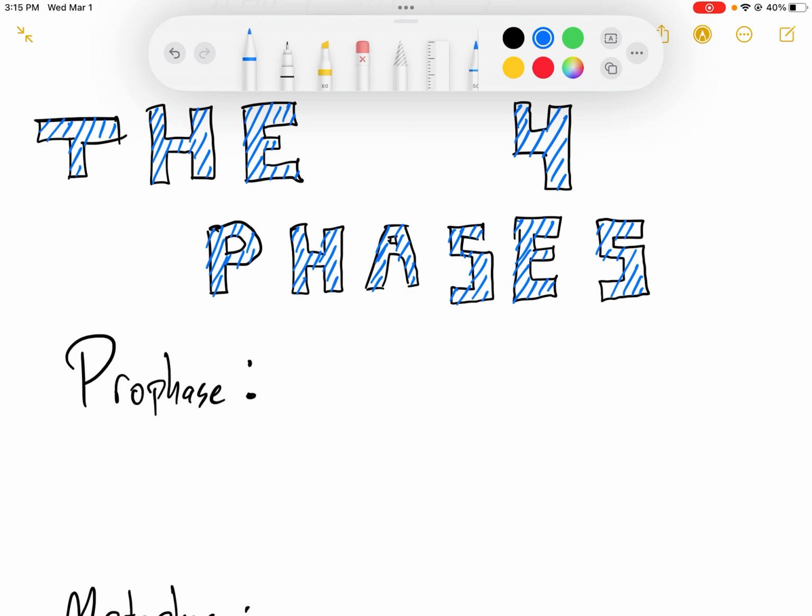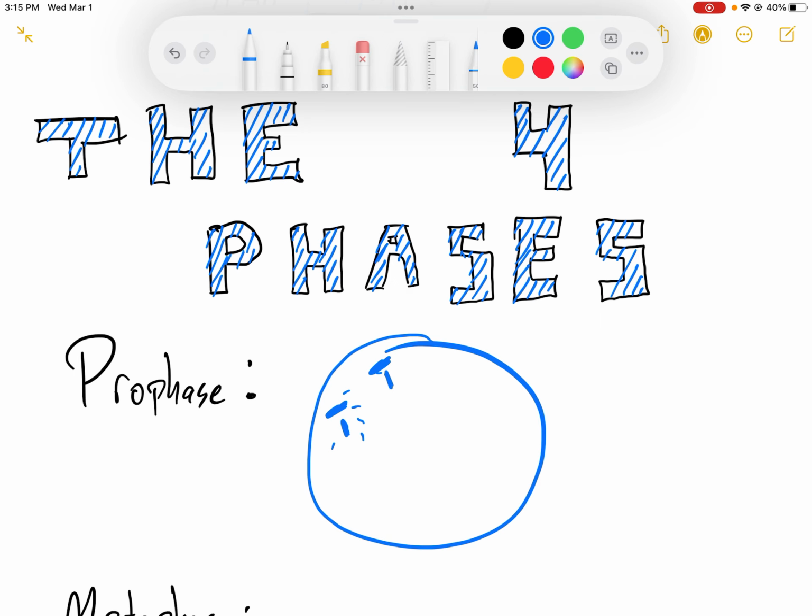I want you guys to draw these. So with prophase, what we have started to create are these things called centrioles, okay? They haven't migrated to the poles of the cells yet, but these are called centrioles, okay? There's some vocabulary here that I want you guys to know. We got centrioles.